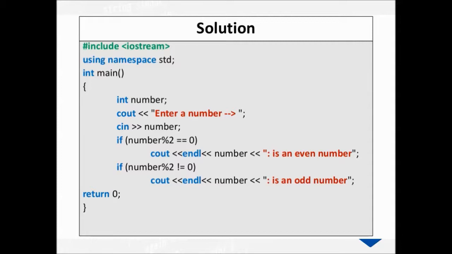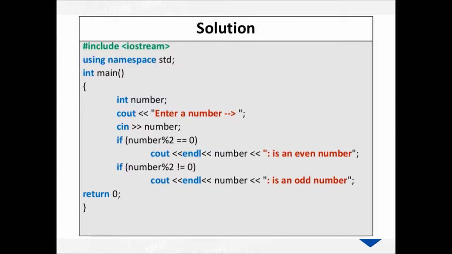In the main program, we declare a variable of data type integer because we want input from the user. After getting the input, we divide our number by 2, and if the remainder is equal to 0, then we say that our number is even.